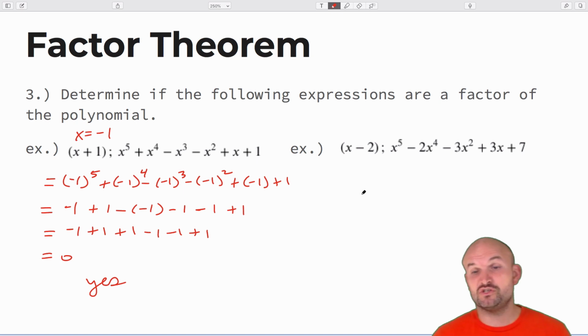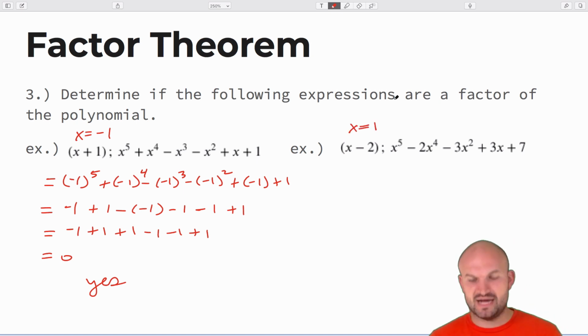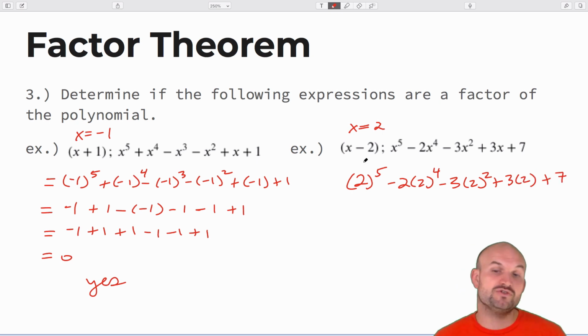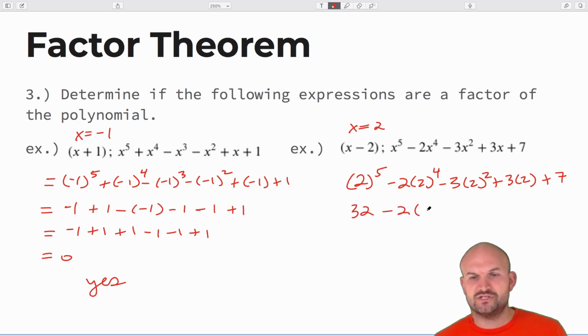All right, so now let's do this with 2. That means my k would be positive 2. So I'm going to plug in 2 to the 5th power minus 2 to the 4th power minus 3 times 2 squared plus 3 times 2 plus 7. 2 to the 5th power is 2 times 2 times 2 times 2 times 2, which is going to be 32. Minus 2 to the 4th power, that would be 16.